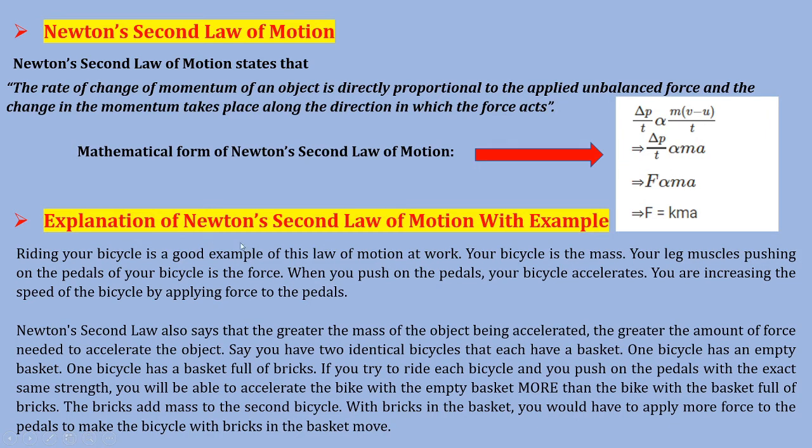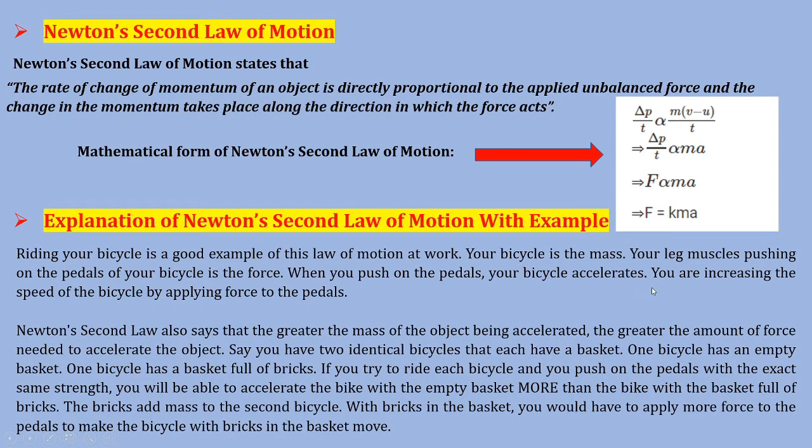Now, explanation of Newton's second law of motion with example. Riding your bicycle is a good example of this law of motion at work. Your bicycle is the mass. Your leg muscles pushing on the pedals of your bicycle is the force. That is, you are applying force by pushing the pedals of the bicycle with your leg muscles. When you push on the pedals, your bicycle accelerates.